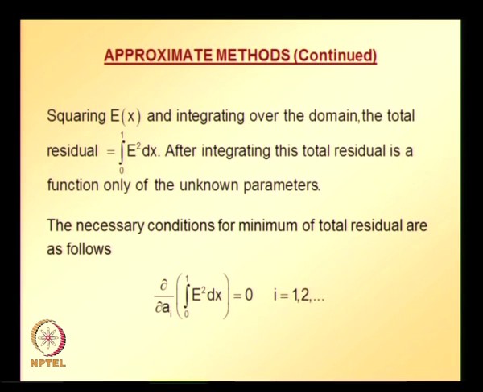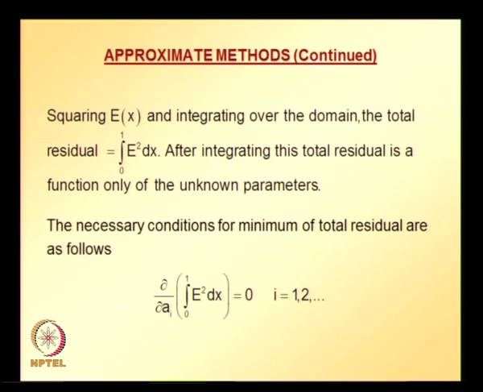In this particular example, the residual has only one unknown parameter A2, but in some other example we may have more unknowns. In that case, to determine all those unknown coefficients, we need as many equations as the number of unknowns that need to be determined.